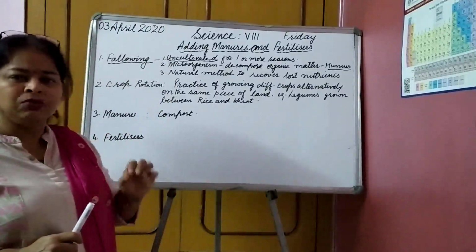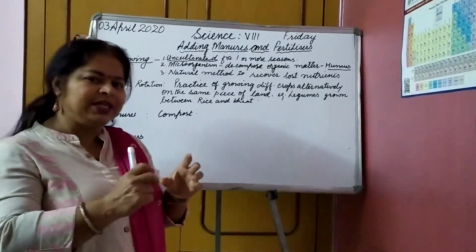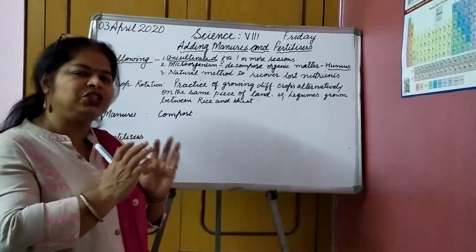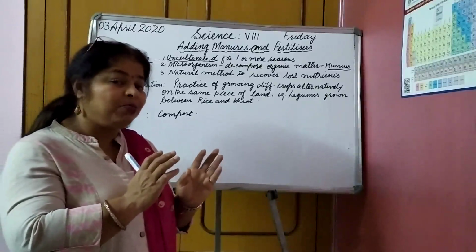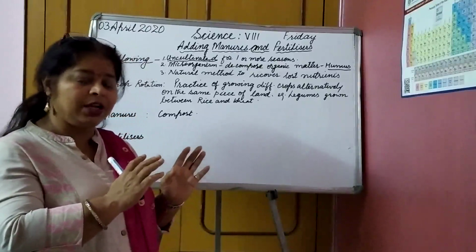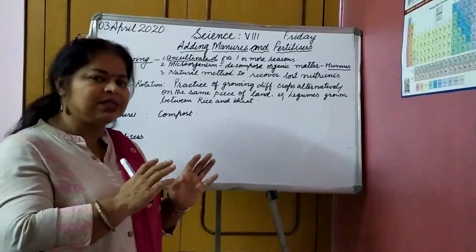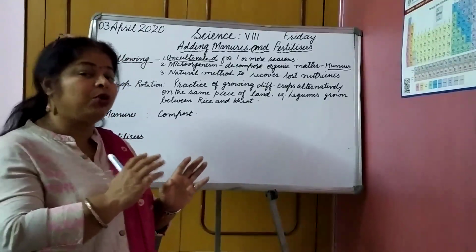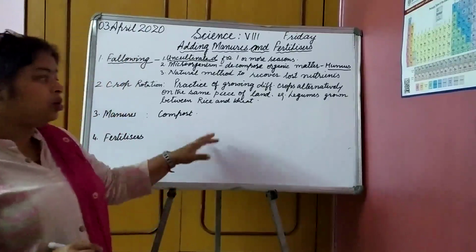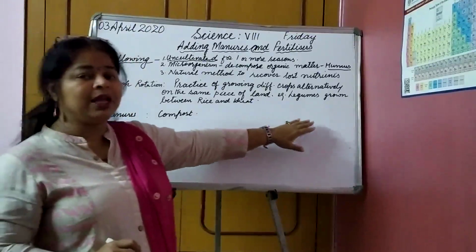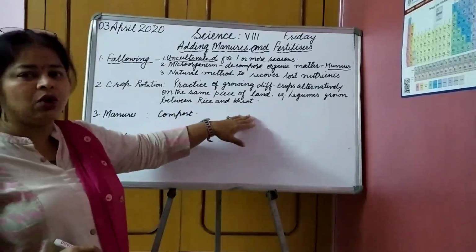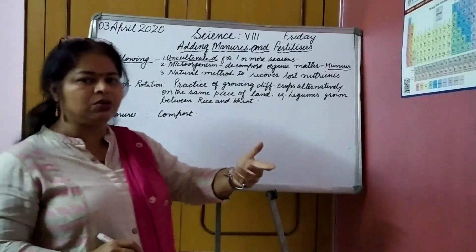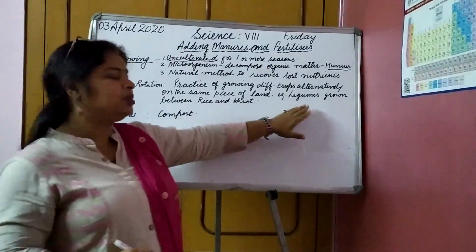Why is it so? Because bacteria reside or take shelter in the roots of such plants, the legumes, which are pulses rich in proteins. Those legumes can be grown between rice and wheat, or they can be alternated.